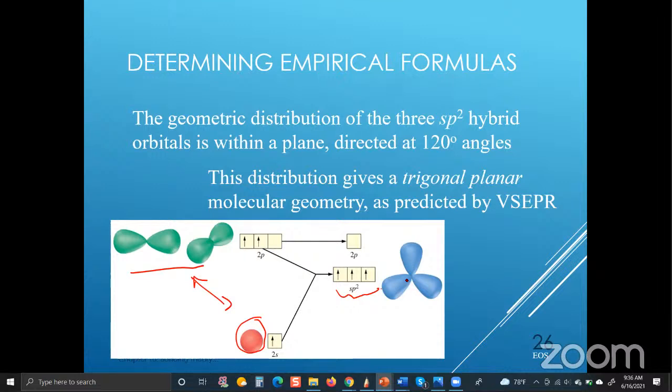And you'll notice that the way they are arranged is in a trigonal planar arrangement, all right? Where the angle here and here would be 120 degrees. Here you're going to have your unaffected p orbital, which will maintain the same shape as before.